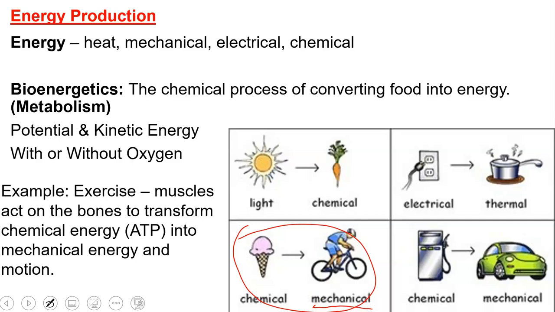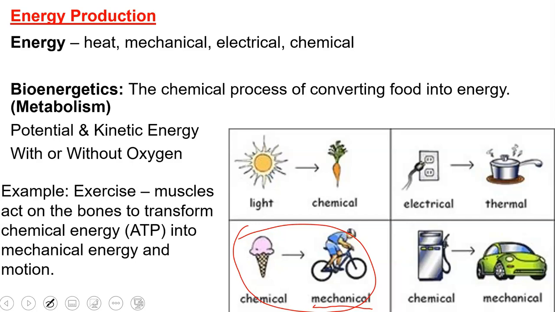And so by contracting our muscles, we're using them in a mechanical form to act on bones and transform ATP into mechanical energy, where we're actually moving bones and making motion. So that is an example of how we convert chemical energy into mechanical energy.